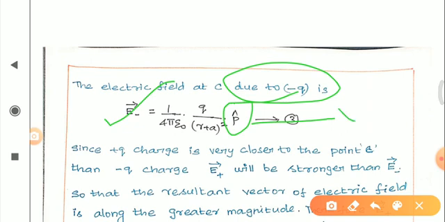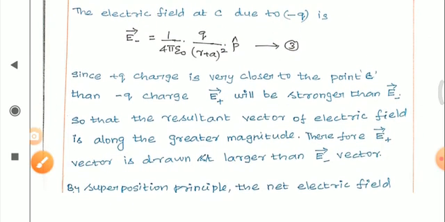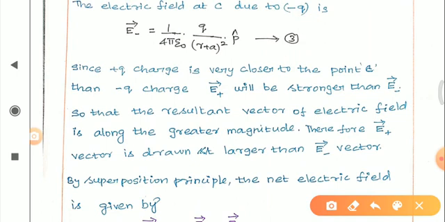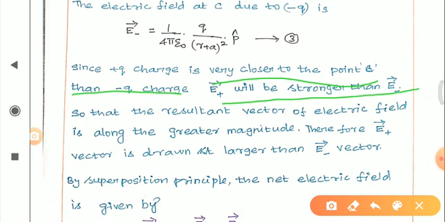This is the unit vector representing the direction of the electric dipole moment, acting from the negative charge to the positive charge. It is also explained below this equation. Since the plus Q charge is much closer to point C than the minus charge, the electric field due to the positive charge will be stronger.